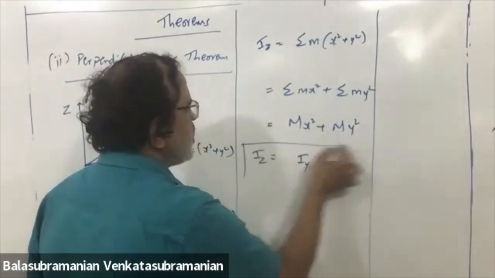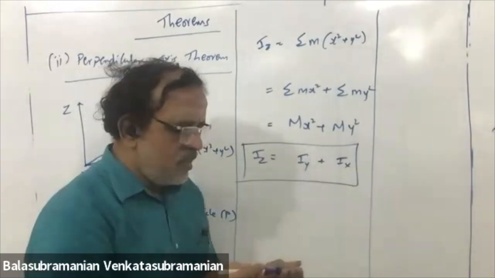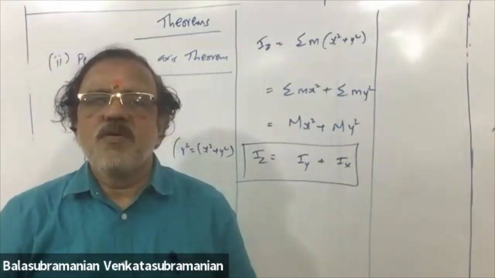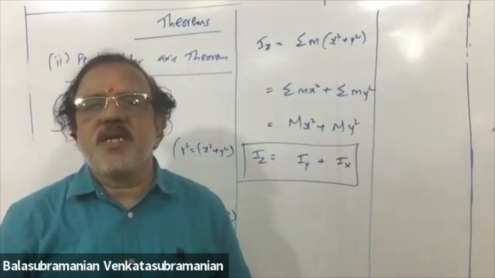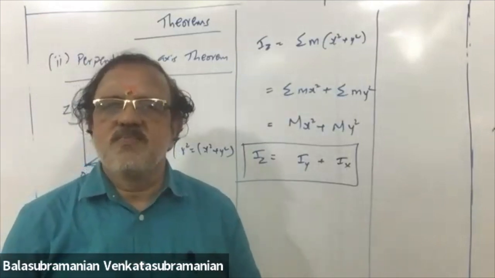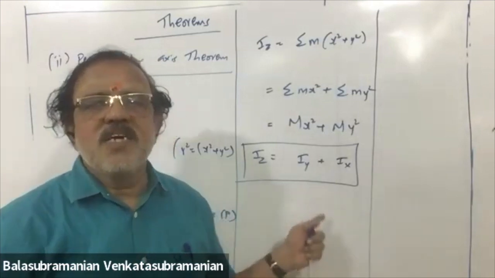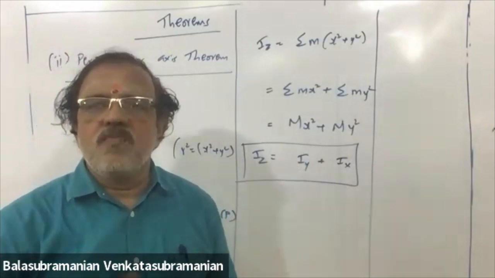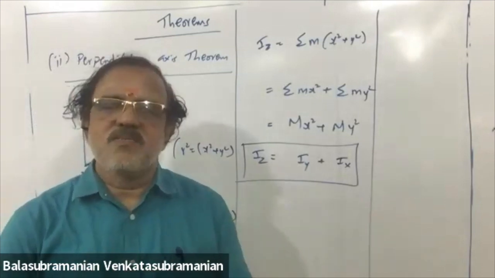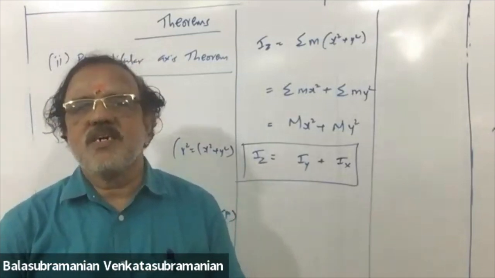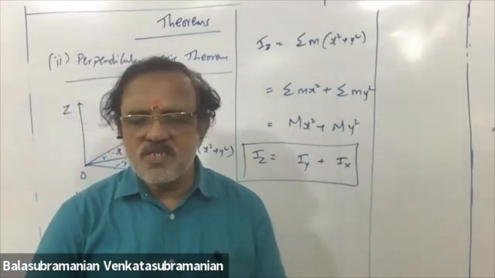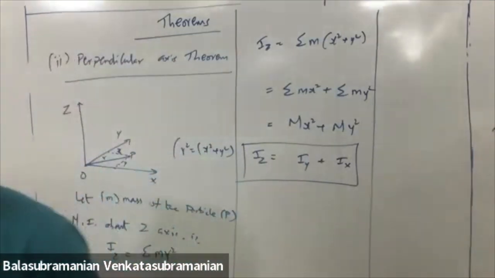So this is the moment of inertia of the rectangular lamina about three mutually perpendicular axes x, y, and z. That is, Iz is equal to the sum of the moment of inertia of the remaining two axes, that is Ix and Iy. Okay. So these are the theorems of moment of inertia.